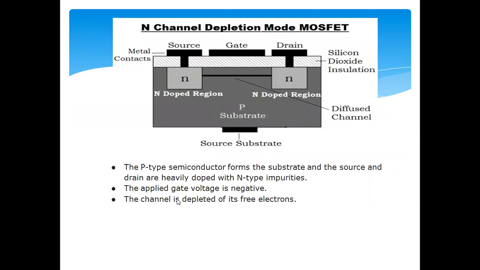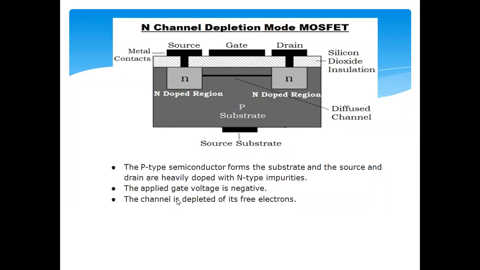Basically, the P type semiconductor forms the substrate. That means it's an intrinsic material that we are using, a P type semiconductor. And on that P type semiconductor, we are adding the N type impurities, or N type dopant, which normally means pentavalent impurities.